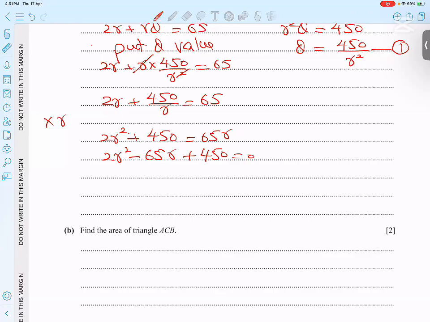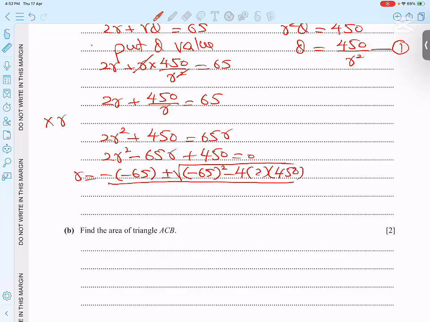I have two choices, factorization or quadratic formula. I'm writing the formula directly, minimum, with the values, which you have to show to the examiner to avoid any deduction of marks. B squared minus 4AC, divided by 2A. So this formula is the minimum. And I use my calculator for this.